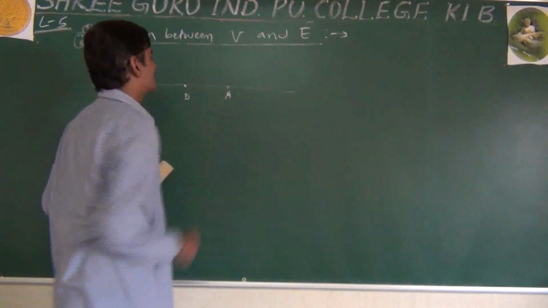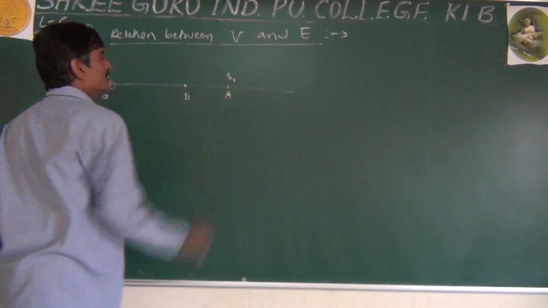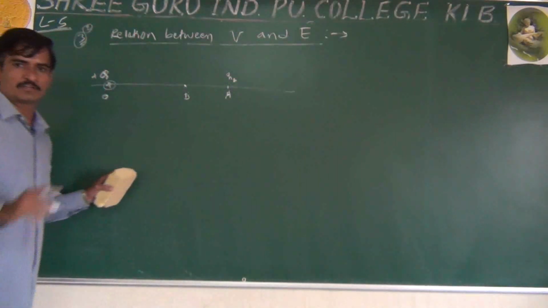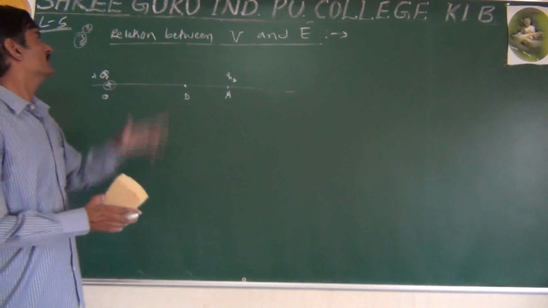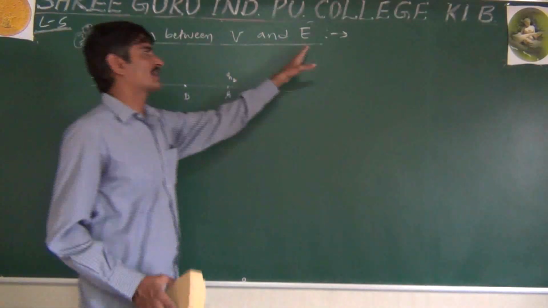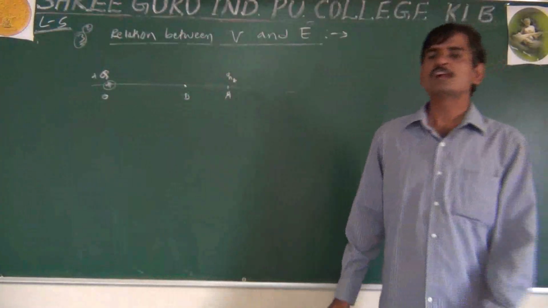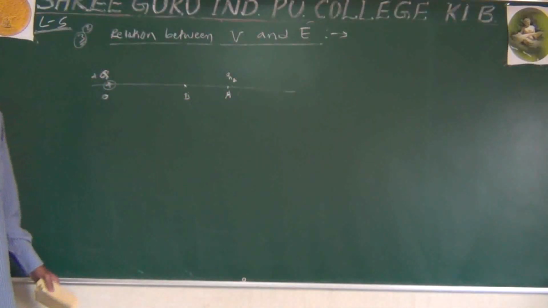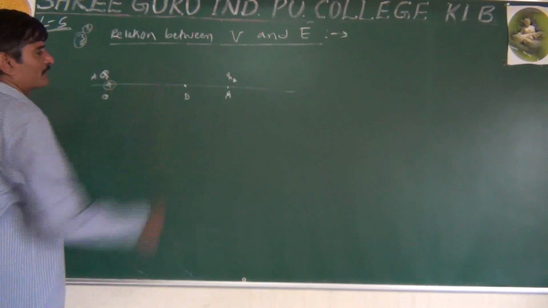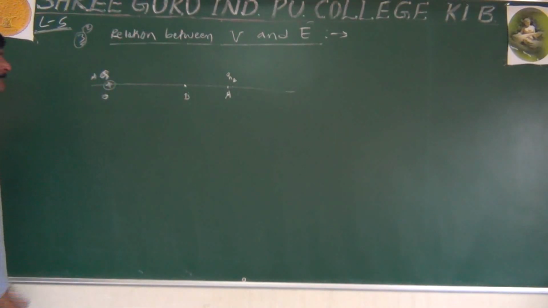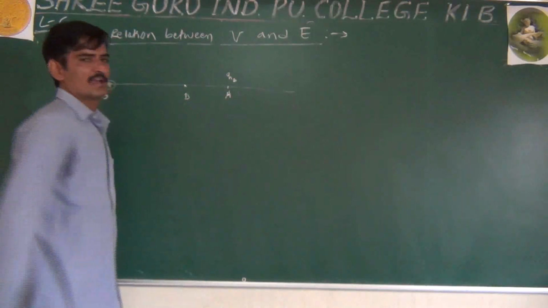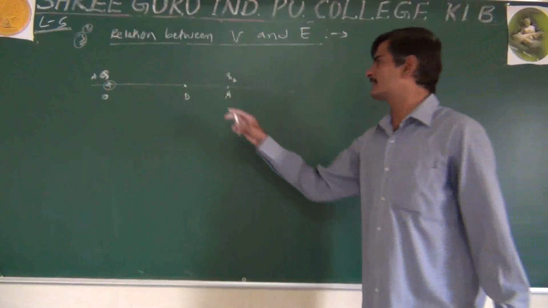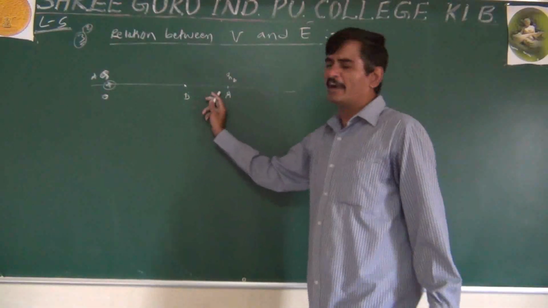Now a test charge is placed at the point A. Did you understand? I am deriving the relation between electric potential and electric field intensity.